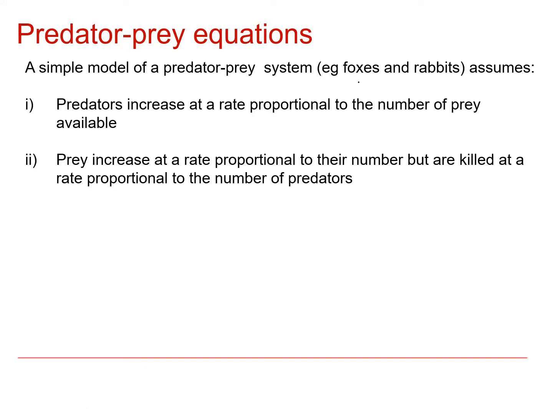So if we say that x is the number of foxes and y is the number of rabbits, then we would have something like dx by dt, so that's the rate of increase of predators, is equal to alpha y, where alpha is some constant.